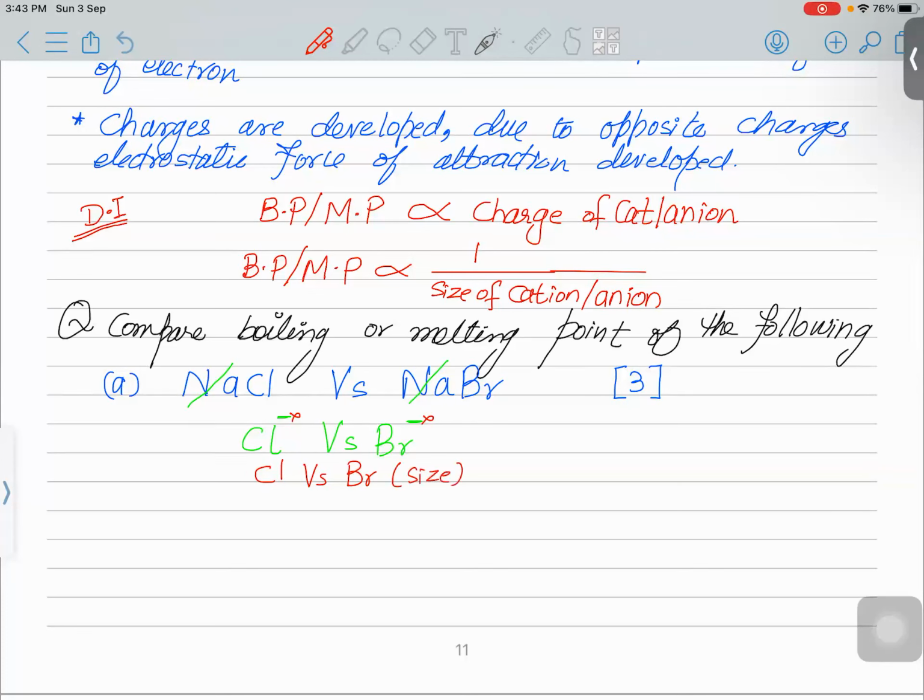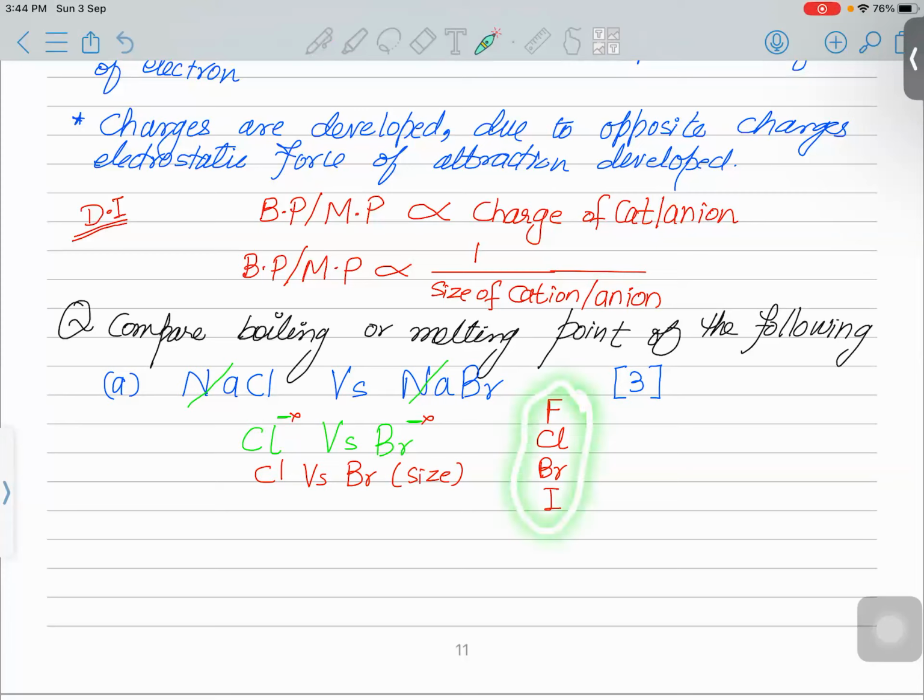Size. So in the periodic table, you have fluorine, chlorine, bromine, iodine. Which one has a smaller size, chlorine or bromine? Down the group, size increases.